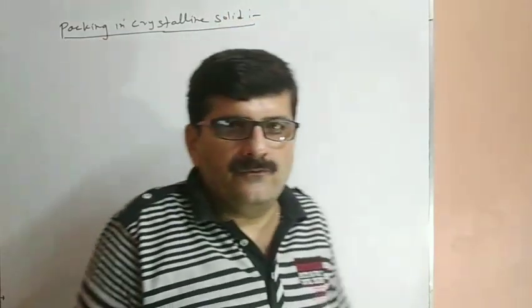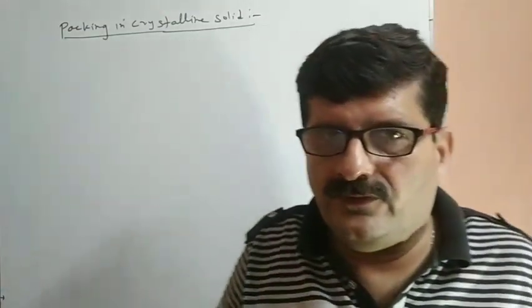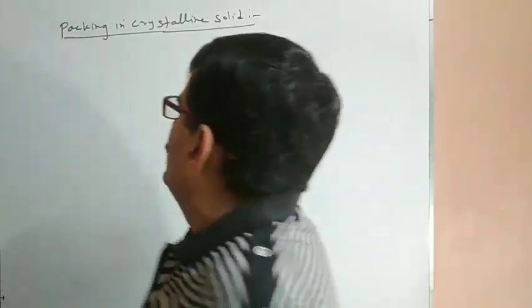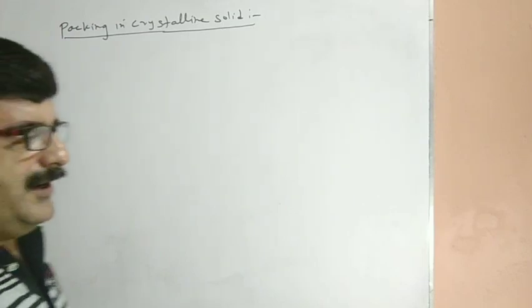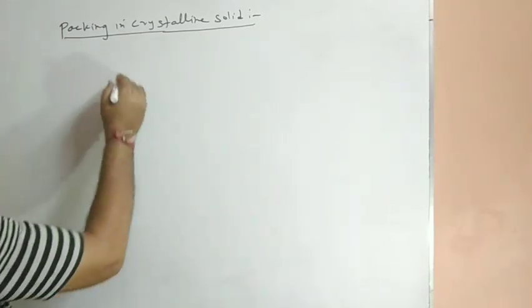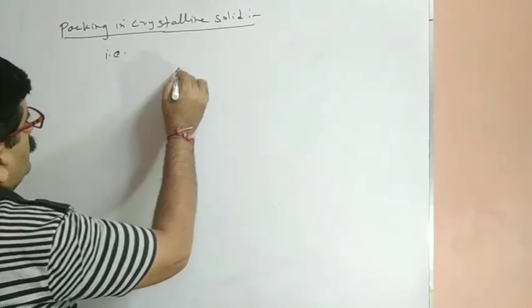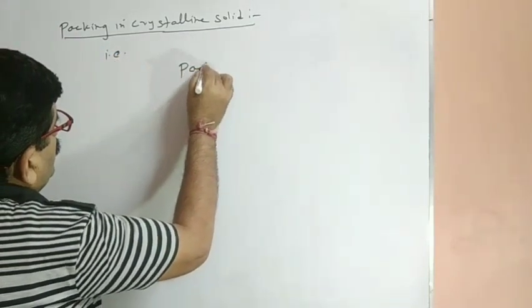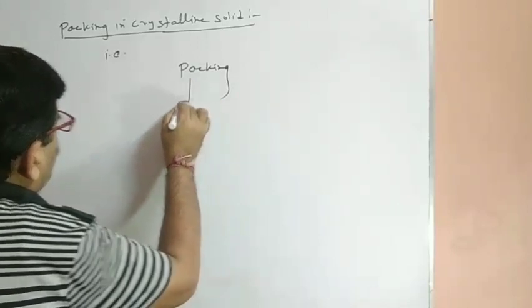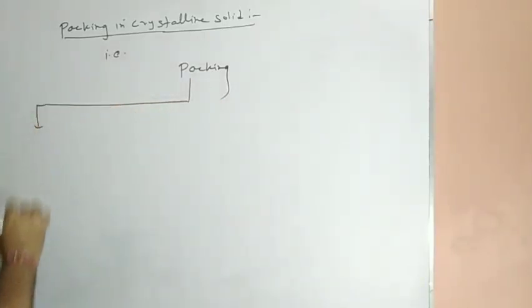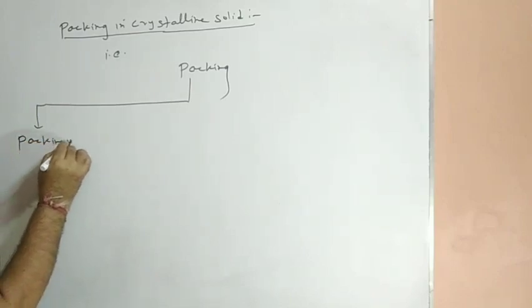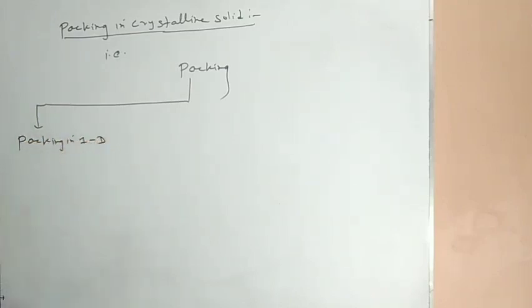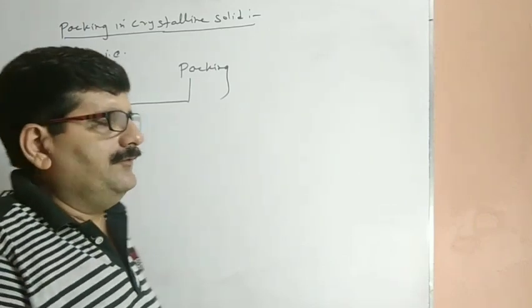Next topic is packing in crystalline solids. This topic is very important from the board examination point of view as well as for competitive examinations. The packing in a crystal system is of three types. Packing can be divided into three parts. Packing in 1D, one dimension, that is only one axis.